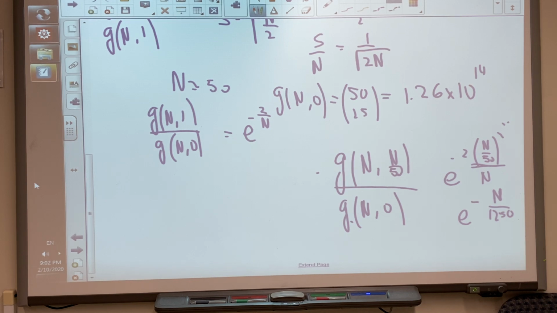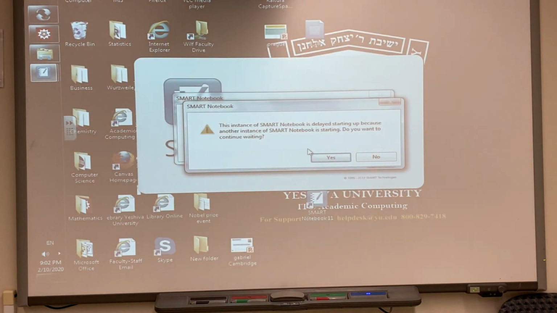So let me now actually show this to you in the computer before I do some statistics. I open the mathematical file where I approximated simply the Gaussian.